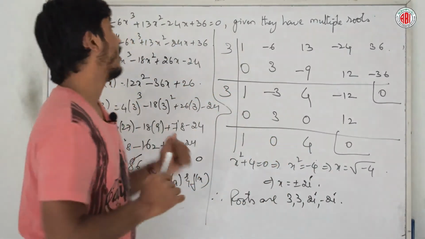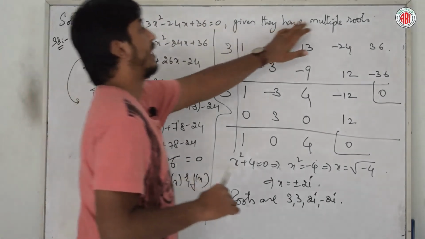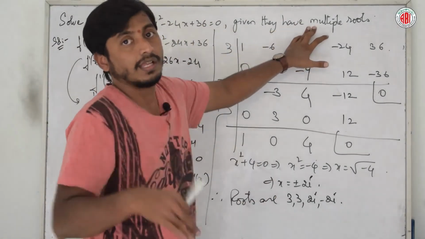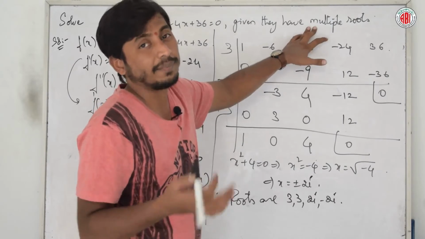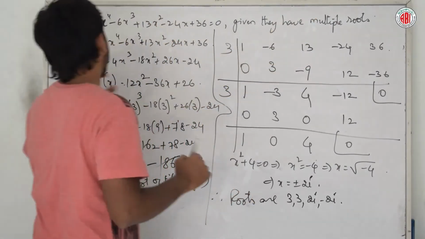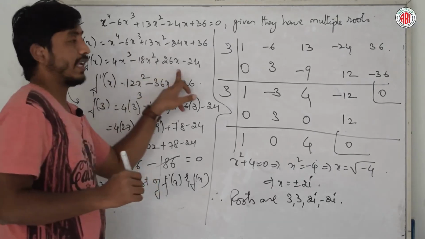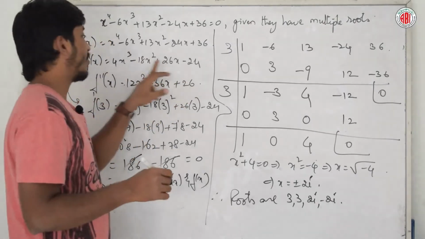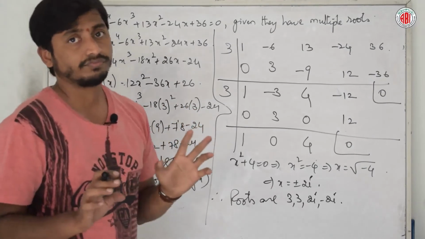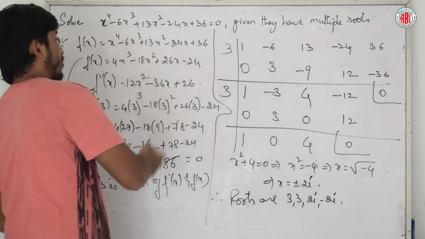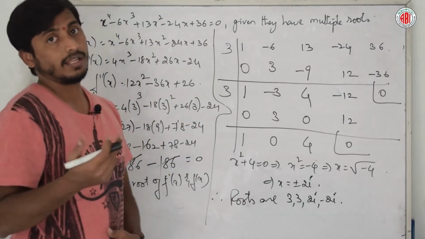Once again, see here, for a given equation, whenever they say it has multiple roots, it means it will have repeating roots. So we can directly differentiate it and check which number satisfies this equation. If it is a quadratic equation, we would have solved it, or if someone knows how to factorize it, they can.